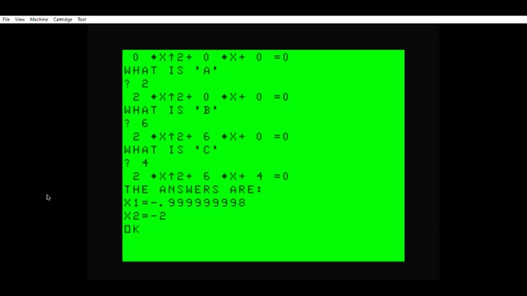Writing on a whiteboard is kind of messy when it's really small writing, and it's hard. I just misinterpreted the 2 for an 8. So x2 is equal to -2 and x1 is equal to -1.